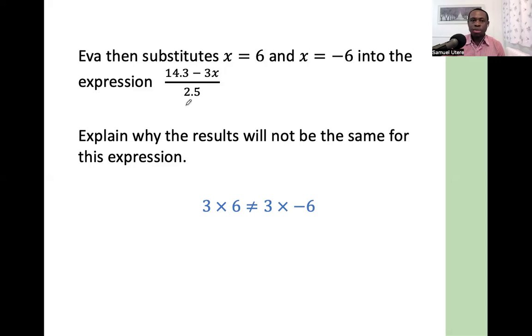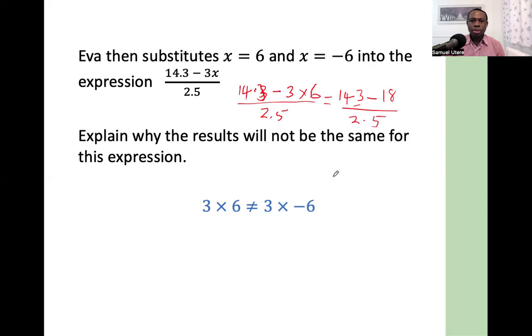So if we were to really write this out, this will be 14.3 minus 3 times 6, all divided by 2.5. So this will be 14.3 minus 18, divided by 2.5.